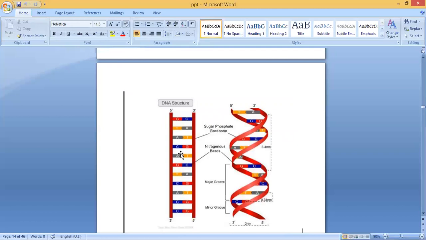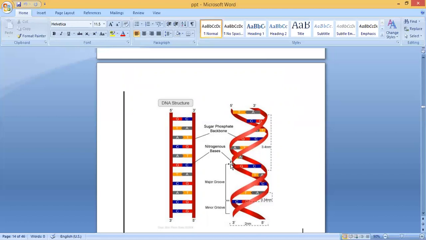So here you can see the backbone we told about, sugar and phosphate. This is the 3' end. Here this is the 5' position. So here it will be 5', here this will be 3'. The nitrogenous bases are arranged inside: cytosine, guanine, thymine, adenine. These are the pairs. Guanine, cytosine, again thymine, adenine, like this. Then this is known as the major groove. This is the minor groove, the small one.